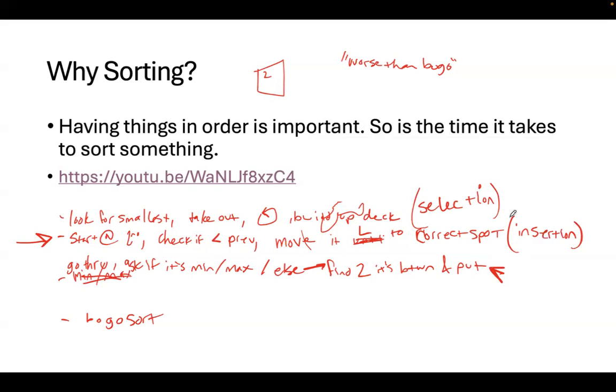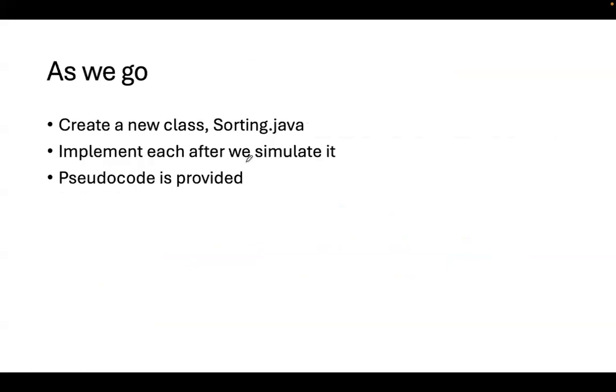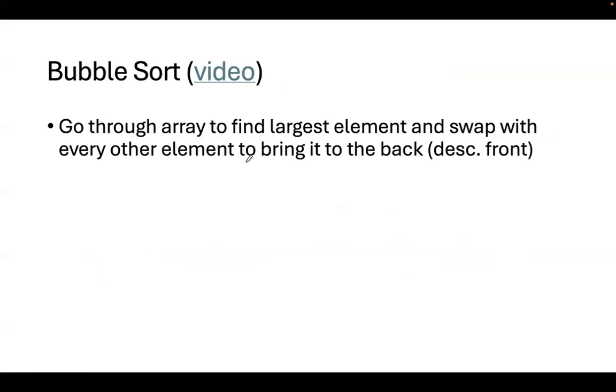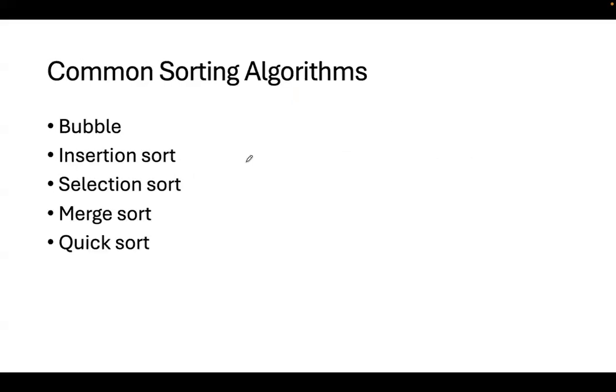Okay, so we're running out of time. So here I have homework for you. There's a set of videos that I'm going to send to you to watch and learn how these different sorting algorithms work.